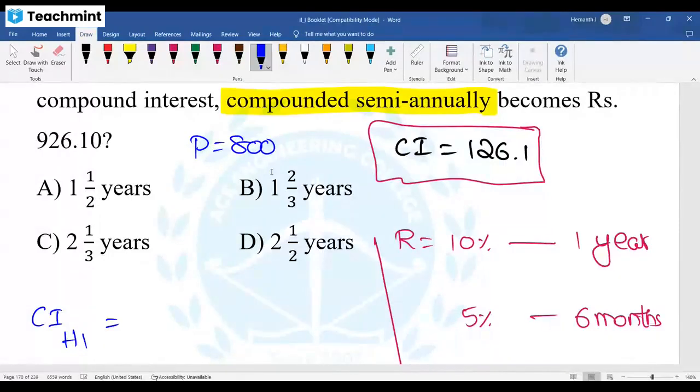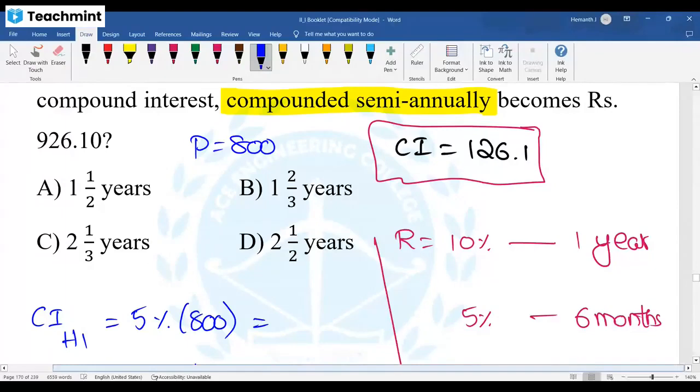The entire topic depends on this statement. 10% of 800 is 80, so 5% is 40. Or 50% of 800 is 400; removing one zero gives 10% and halving gives 5%, that is 40. So 40 is the compound interest for the first 6 months.